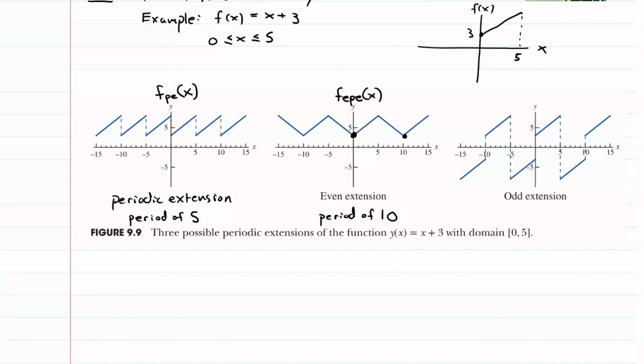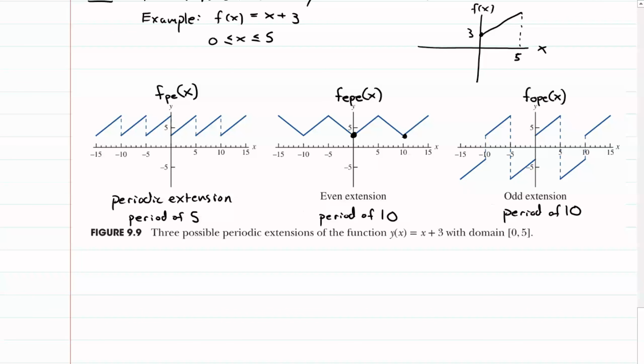So on the rightmost graph, I took the original function, and then I made an odd function by rotating that whole thing about the origin to give me this piece. Then I repeated that whole thing over and over again to make something which is periodic. That's called the odd extension. And that has a period of 10, also twice as large as the original domain, which was 0 to 5. I'll write it like OPE, odd periodic extension of x.